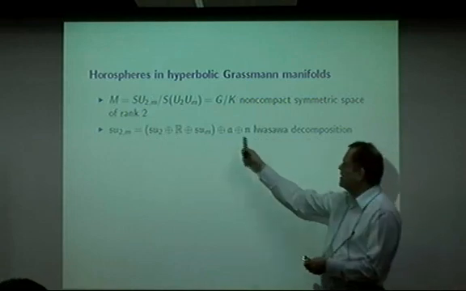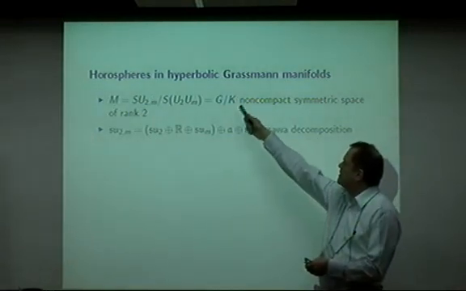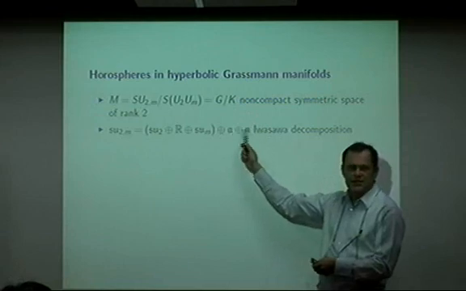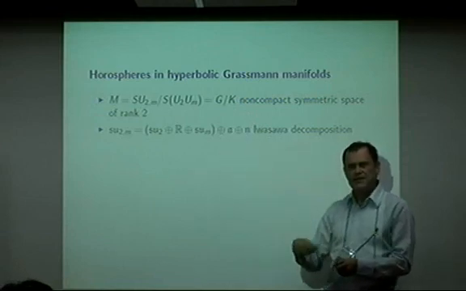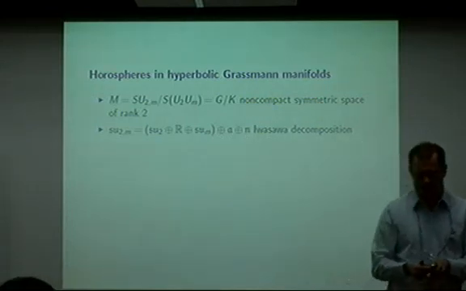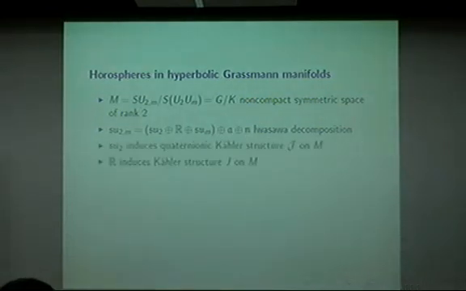And again here, what we can do is realize this Grassmann manifold as a solvable Lie group equipped with a left invariant Riemannian metric. This setup always works, also in the higher rank case, which is quite useful.